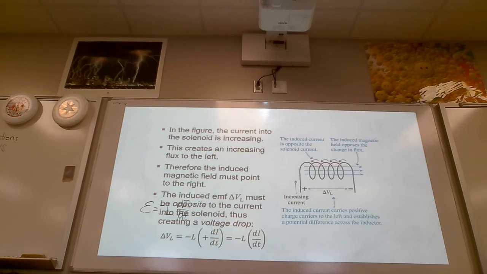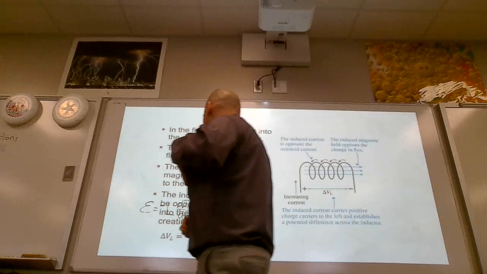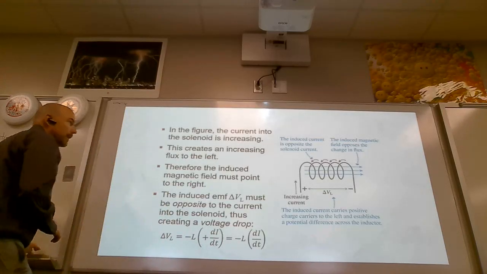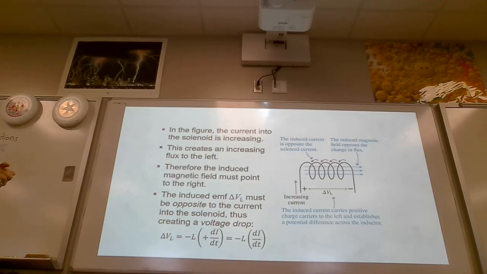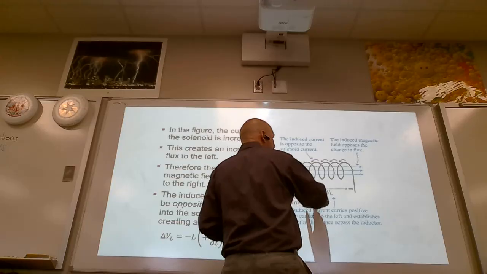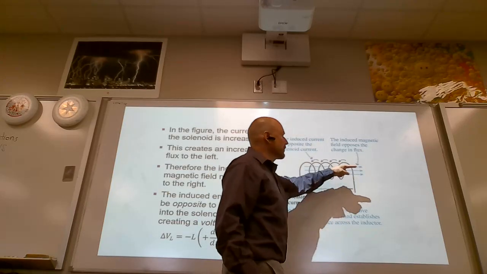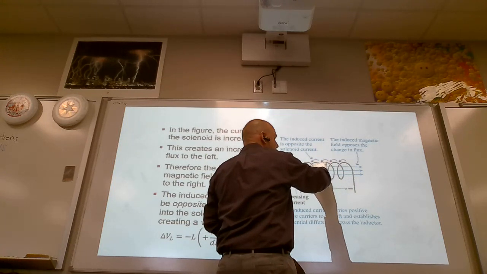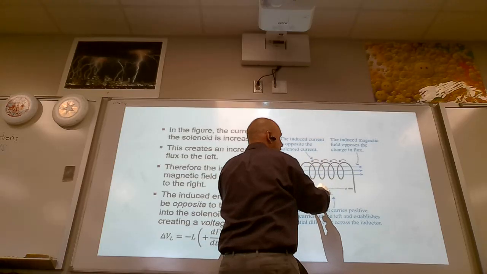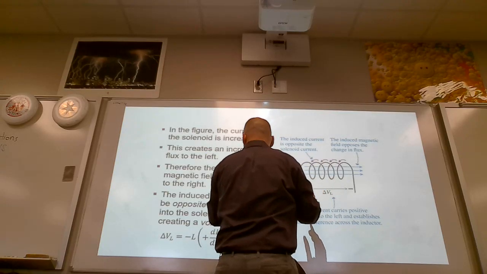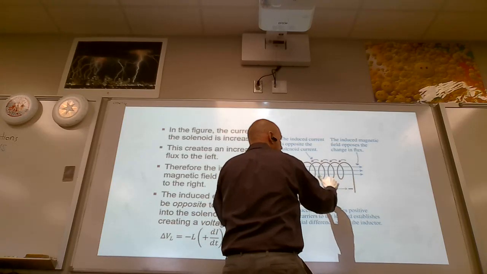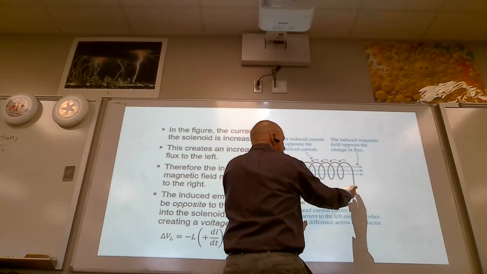All right. So this is dealing with the math of this. Okay. So if we are increasing current, then you got flux going this way. The change in flux is this way. We're in opposition to that. So what this does is creates an electric field going this way. And so as current goes through here, this becomes a voltage drop.